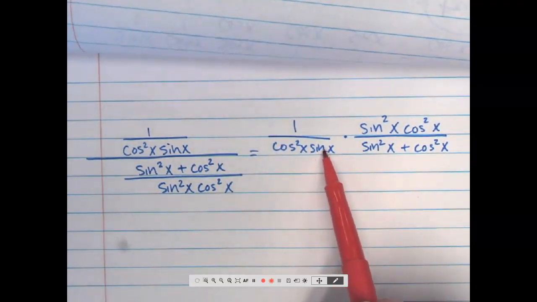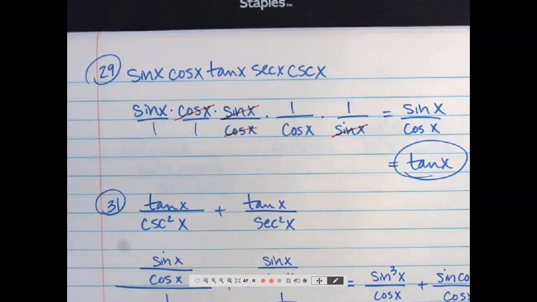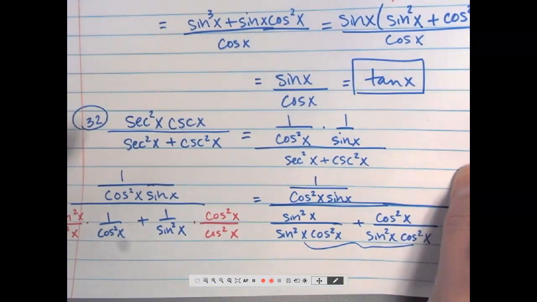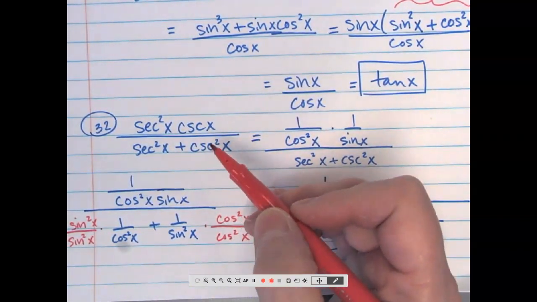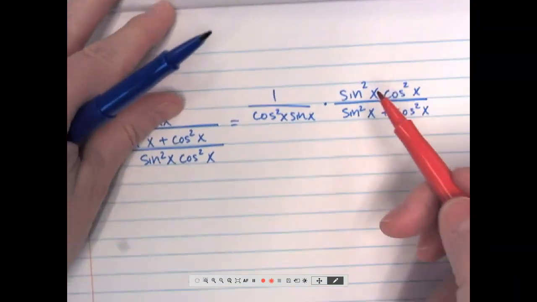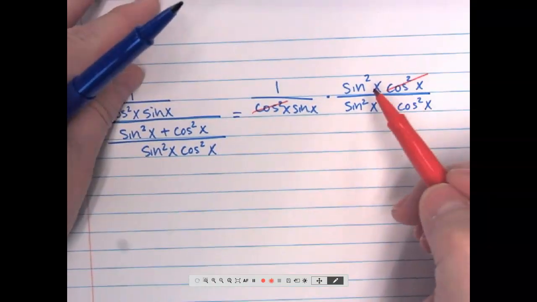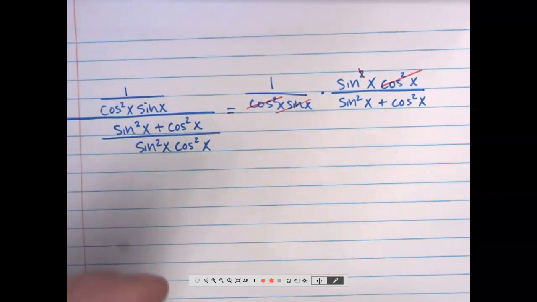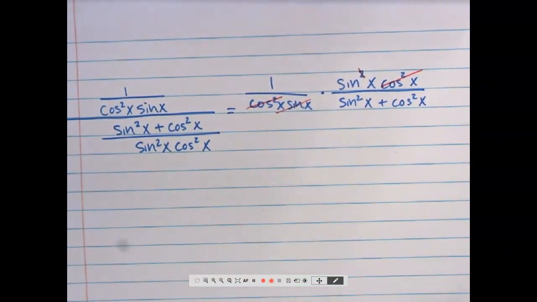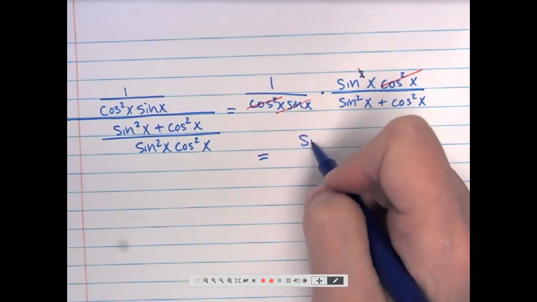Is that supposed to be squared? Did I mess up somewhere? Is that one squared? No. Shoot. Okay. Part of it will cancel then. So the cosine squared will cancel. And this sine will cancel with one of those. So I still have one sine left over. Okay. So left over up top is just a sine.